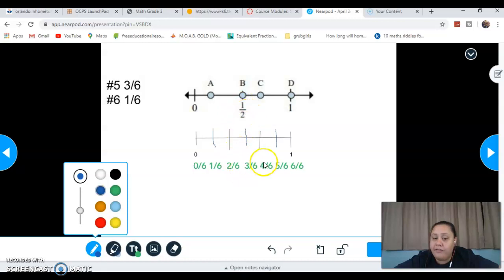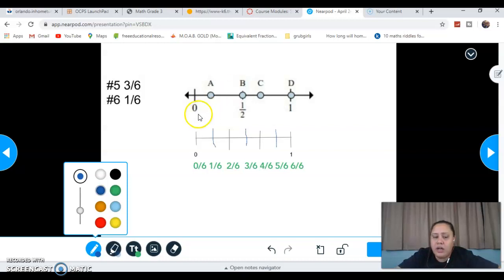So when the number 5 came along and they're asking you where is 3/6, 3/6 is where B is. B is on 1/2. The other one was 1/6. This is where your test taking skills come in. You can just look at a number line and say, I know the bigger the denominator gets, the smaller the fraction is.